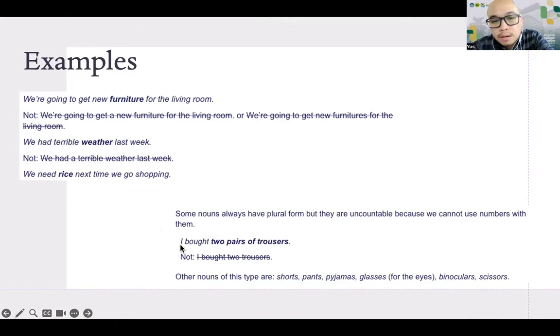Bought two pairs of trousers. But we cannot immediately use numbers with these nouns. Other nouns of this type are shorts, pants, pajamas, glasses for the eyes, binoculars, and scissors.